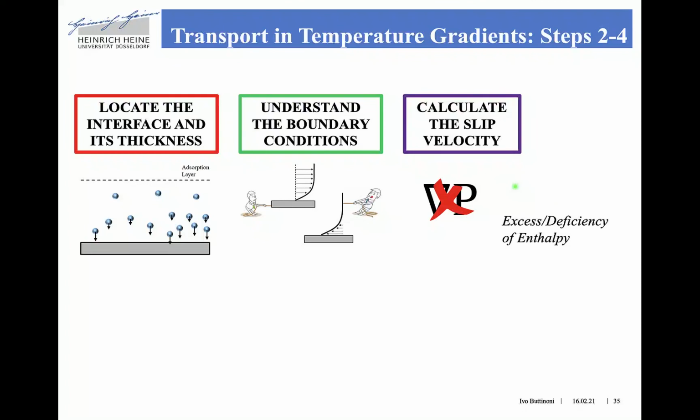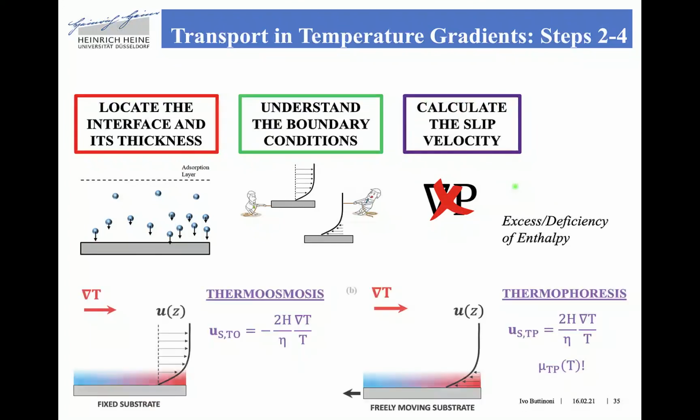And this approach leads to the following two expressions for the thermosmotic and the thermophoretic slip velocity, where H is the excess or deficiency of enthalpy at the surface, and where the osmotic flow follows the direction of the thermal gradient if H is negative, which is actually the most common situation, whereas on the other hand, thermophoretic drifts occur towards the cold region, again if H is negative.